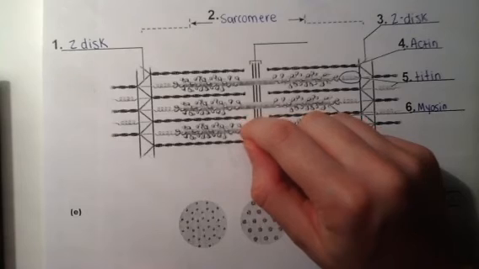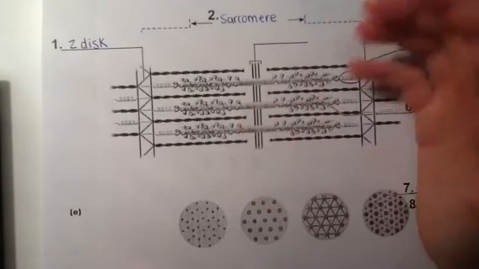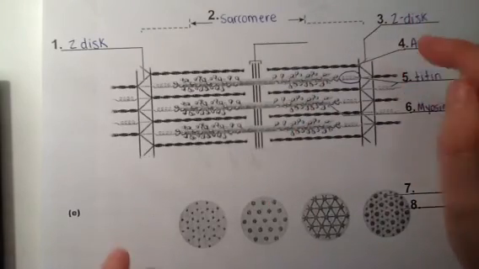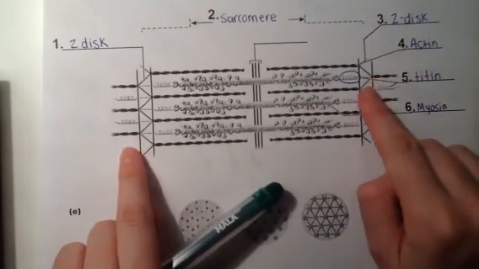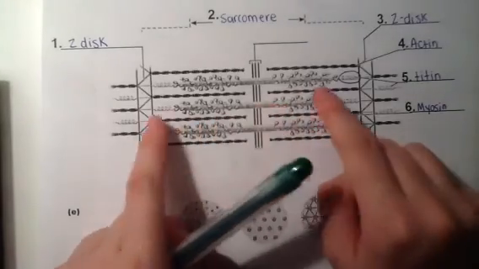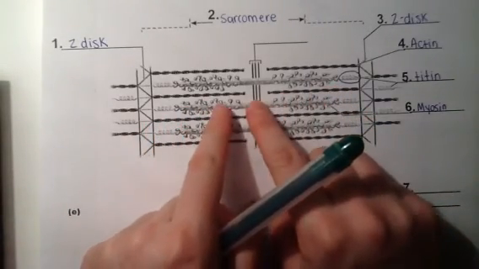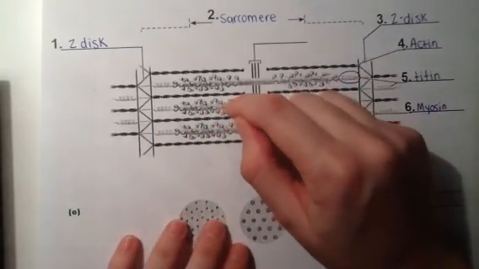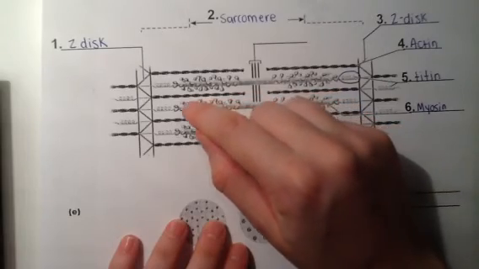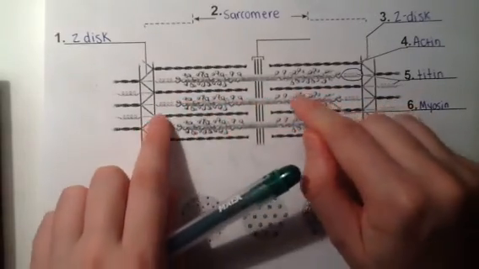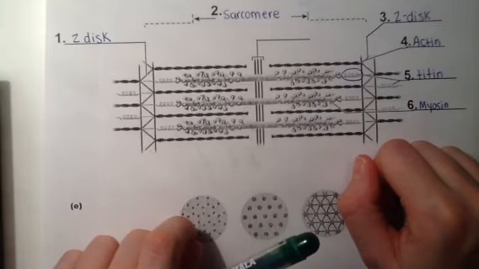Those myosin heads are going to bind to the actin, and they're going to flex. When they flex, it pulls the sarcomere in. Z disc to Z disc is going to move in, and these little heads are actually going to walk down the actin filament and pull that sarcomere in to contract.